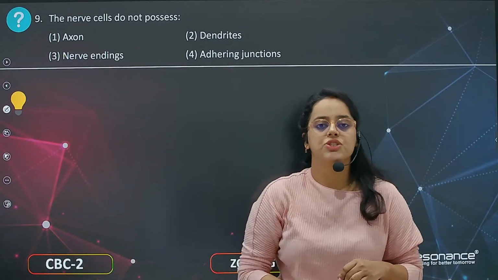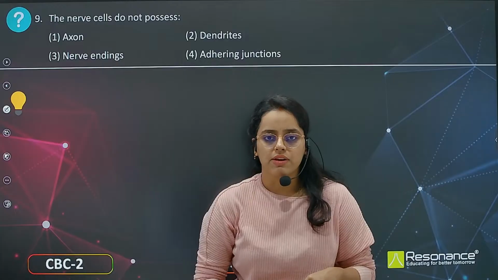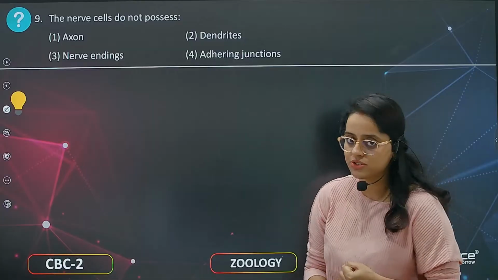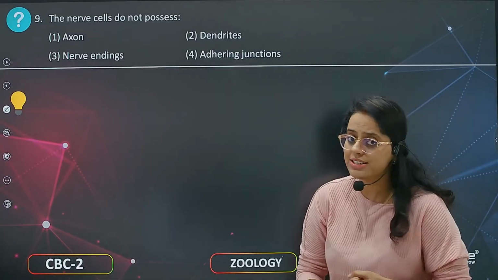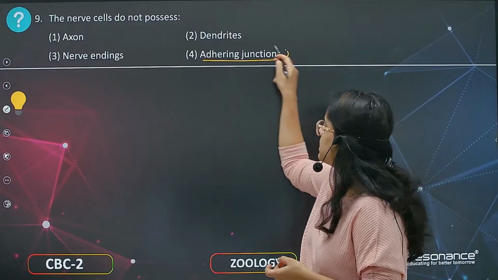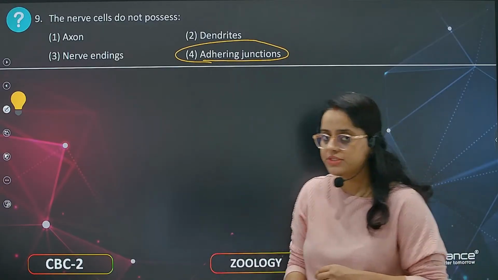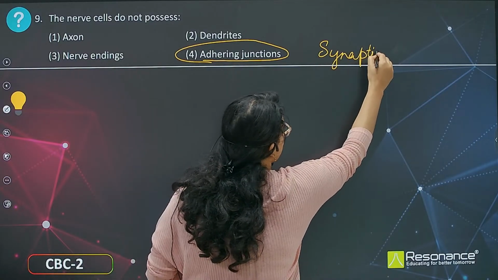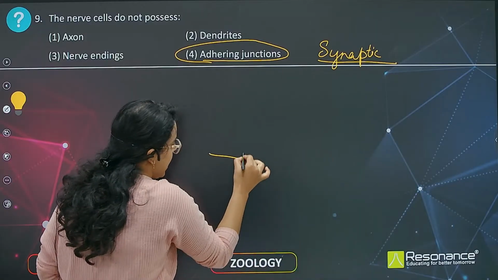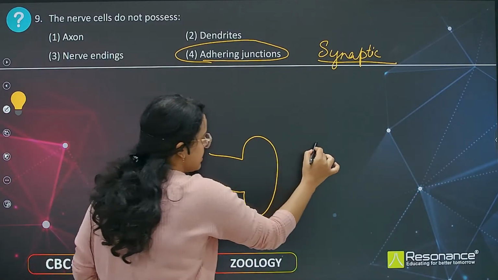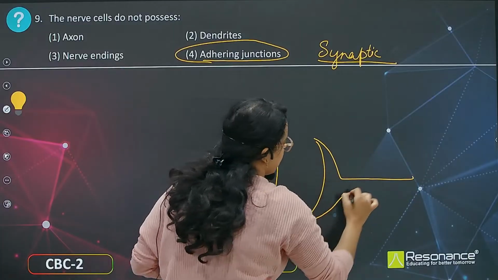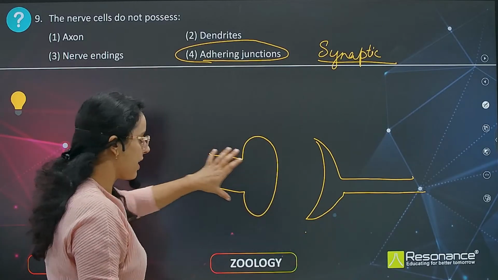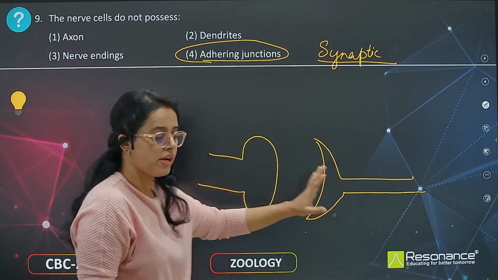The nerve cells do not possess axon, nerve endings, dendrites or adhering junction, which one? The nerve cell consists of an axon, nerve endings are also present and dendrites are also present. What about adhering junction? These types of junctions are not seen in nerve cells. Which type of junctions are seen? Synaptic junctions. A synaptic junction means the axon ending meets the dendrite of a neuron, or a muscle.